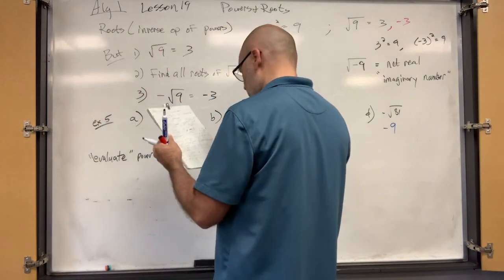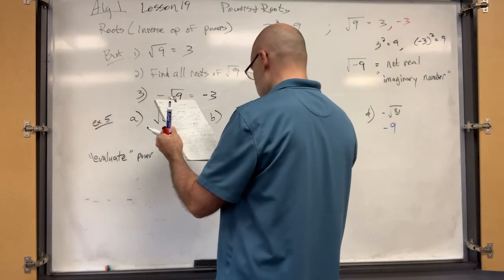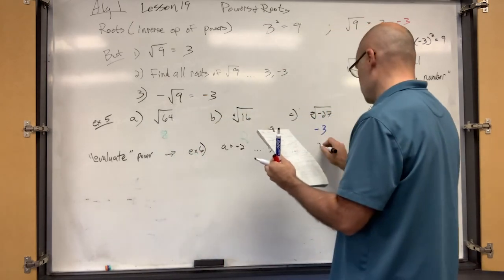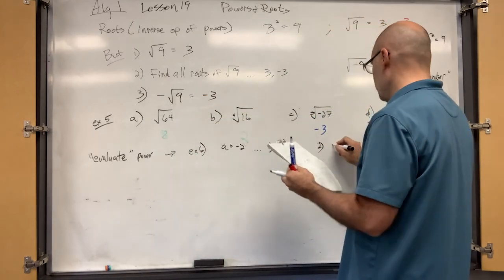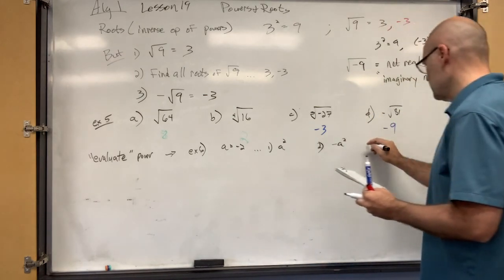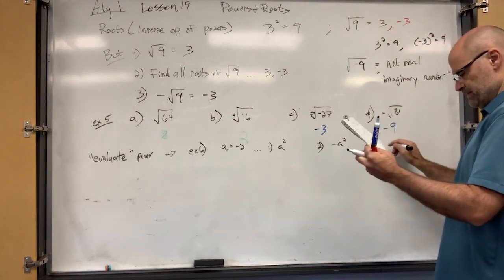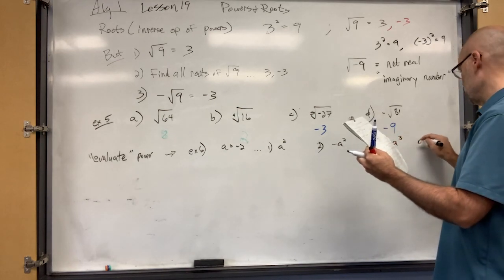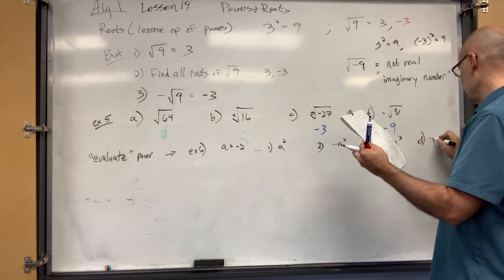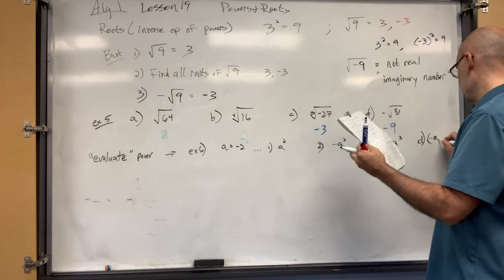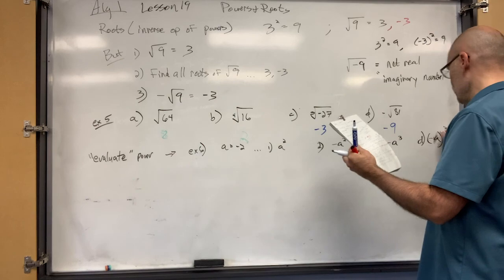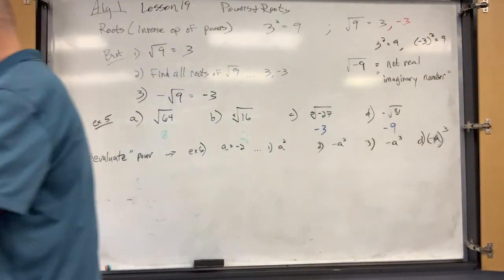So what is this? A squared. -A squared. -A cubed. Parenthesis -A cubed. Okay, see if you can do that quickly.